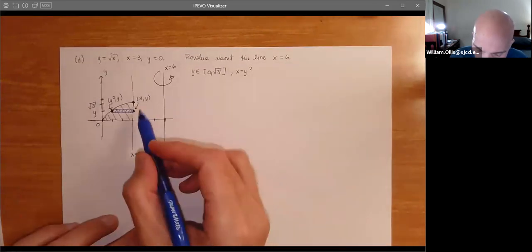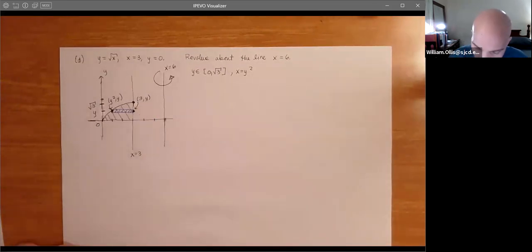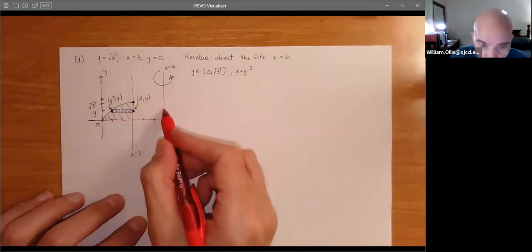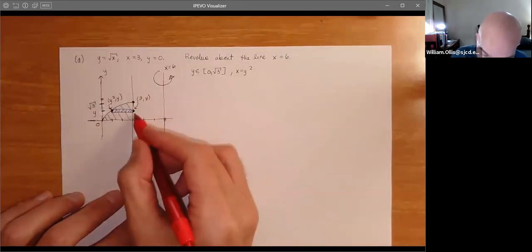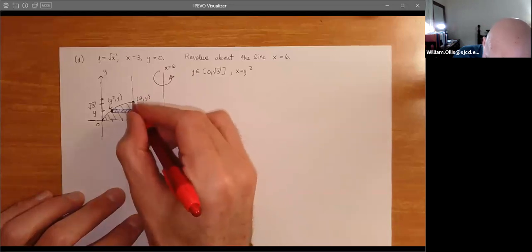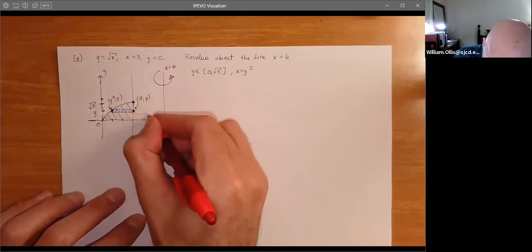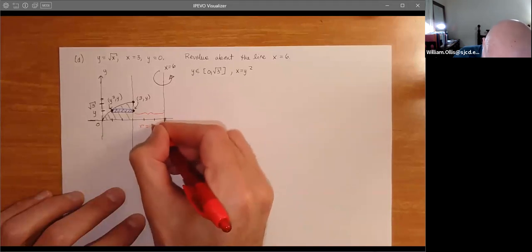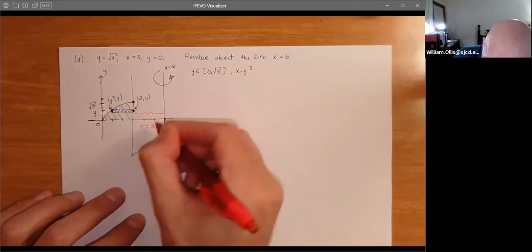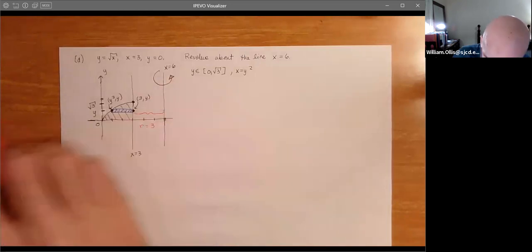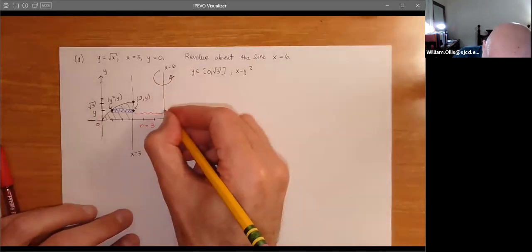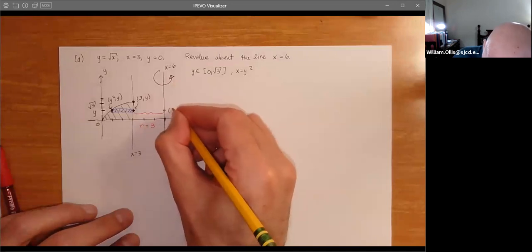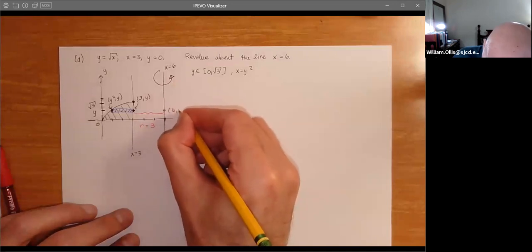So now we can see that when we think about this strip, which is perpendicular to the axis of revolution, the inner radius is always constant. It's always going to be 3. So we can say R equals, in this case, 3. Now, if you want, we can go ahead and put in the coordinate pair here, which in this case is 6, y.